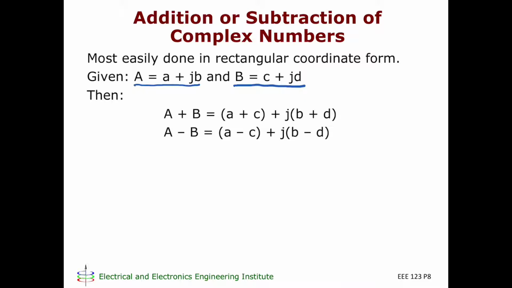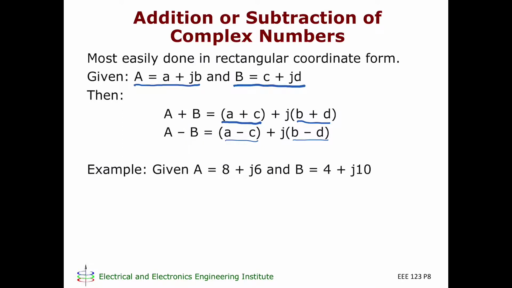So that would be a plus c plus j, b plus d. And the difference between A and B would be the difference of their real parts plus the difference of their imaginary parts. So that would be a minus c plus j, b minus d.